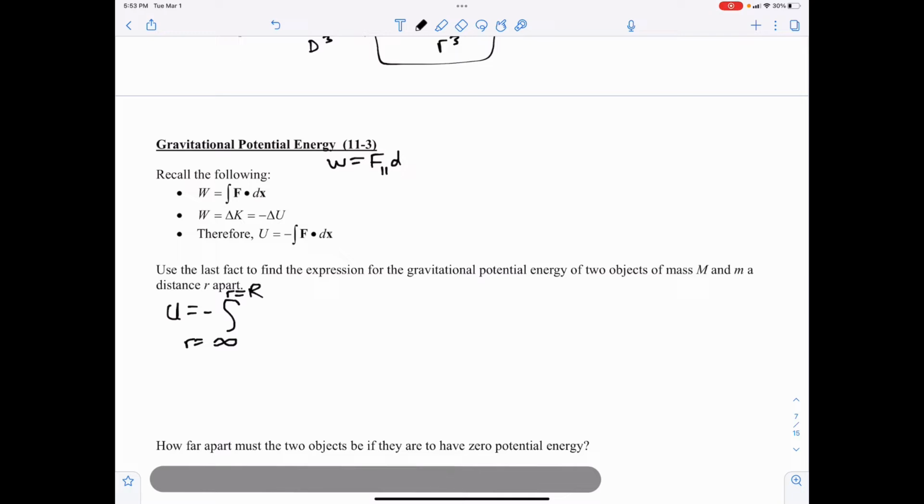I have to plug in for the force function, and I'll be integrating with respect to r, so it'll be dr instead of dx. So I'll be plugging in negative G little m big M over r squared, so big G little m big M over r squared dr with respect to r.